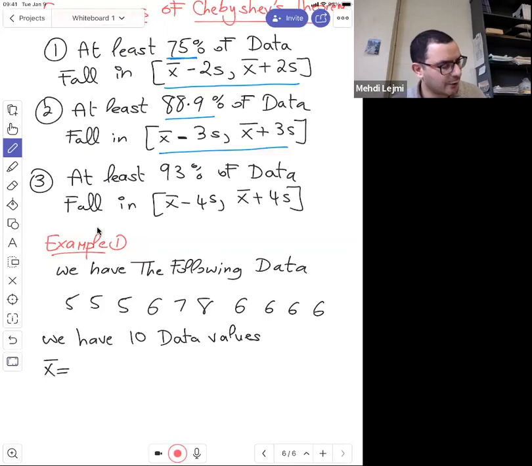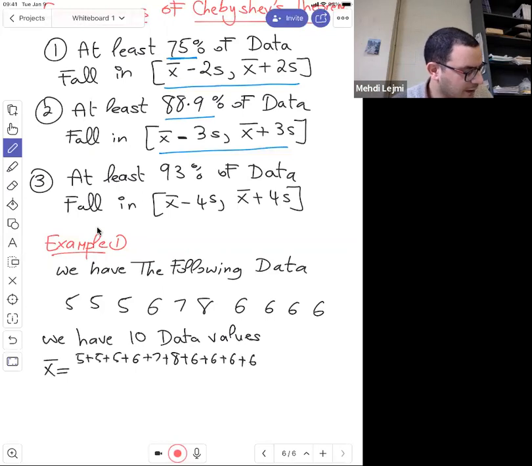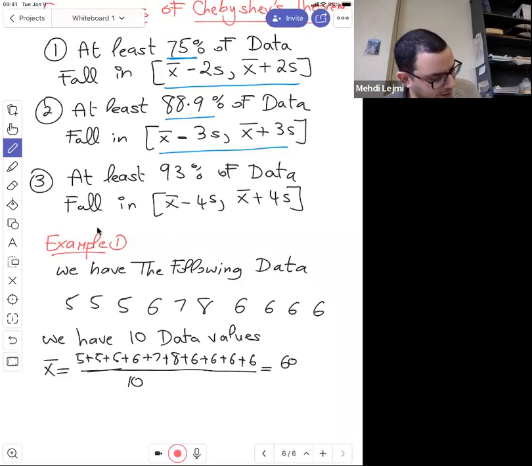Here, x bar would be 5 plus 5 plus 5, plus 6, 7, 8, and then 4 sixes, and we divide by 10, so the answer is 60 over 10. So the mean x bar is 6.